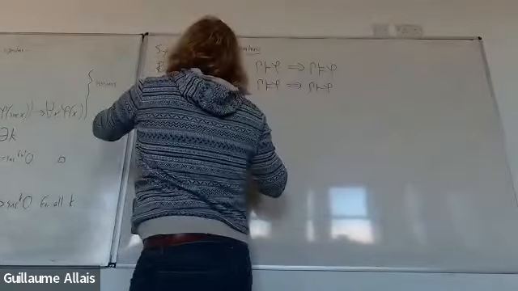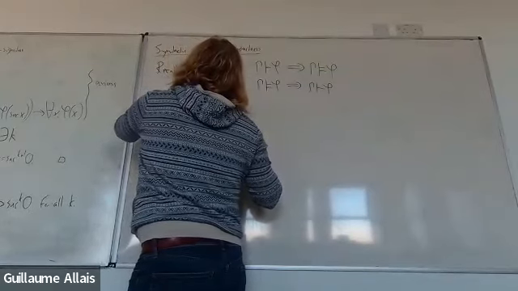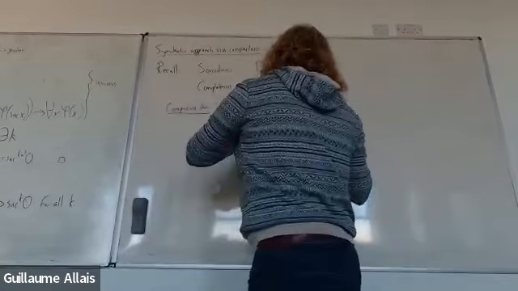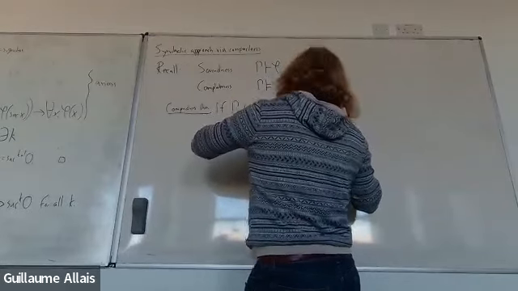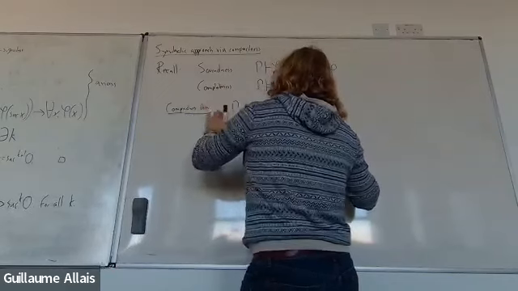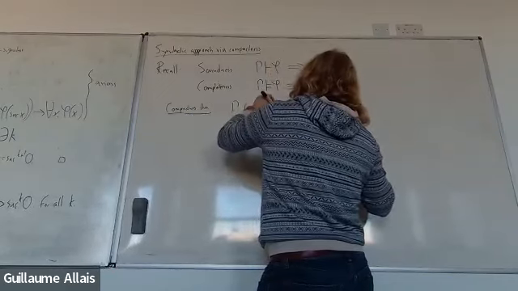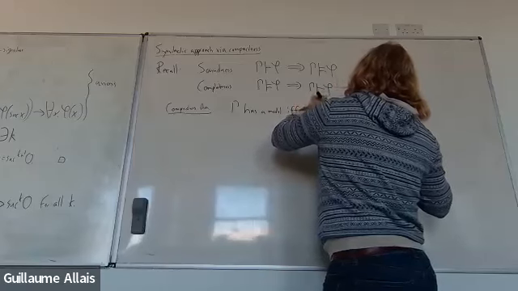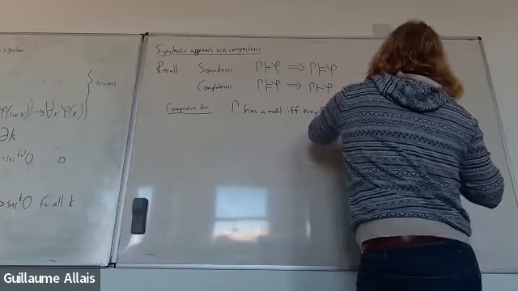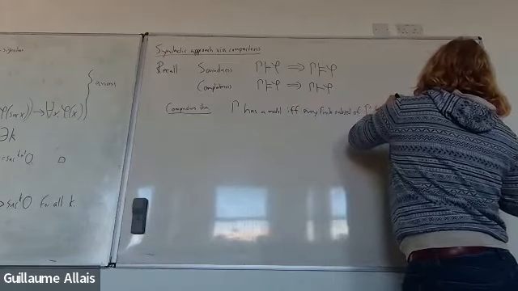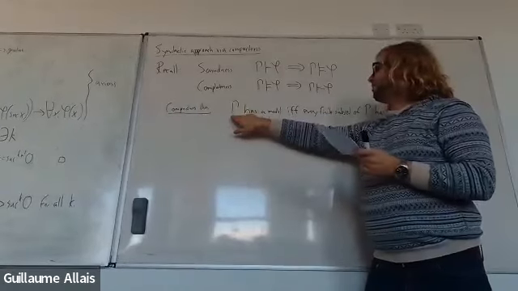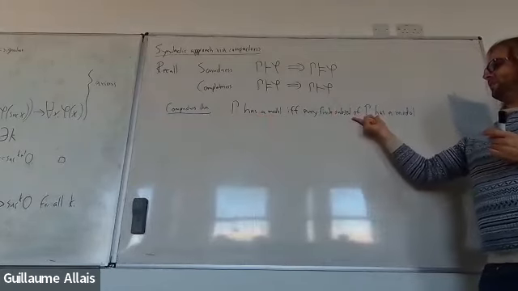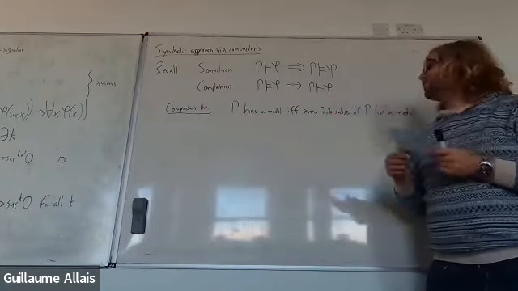Okay, and then what is compactness? The compactness theorem says that some set of formulas gamma has a model if and only if every finite subset has a model. Gamma is some set of formulas that I would like to have a model, and this theorem says that it's enough to take an arbitrary finite subset and make a model for that.